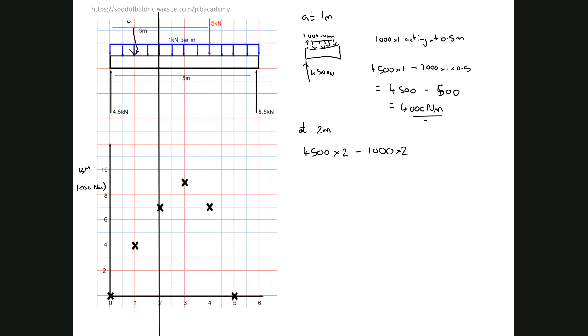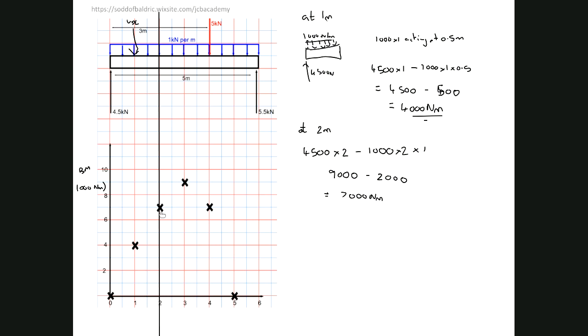So that's where my UDL will act at 2 meters. So we need to times by 1. So I get 4,500 times 2, which is 9,000, minus 2,000. So my bending moment at 2 meters is equal to 7,000 Newton meters, which again you can see from this point here. That's 2.